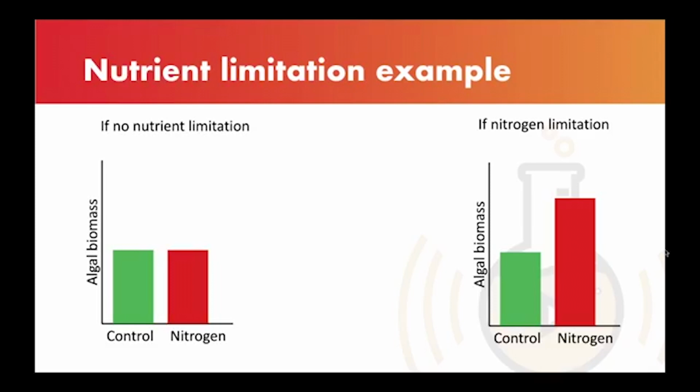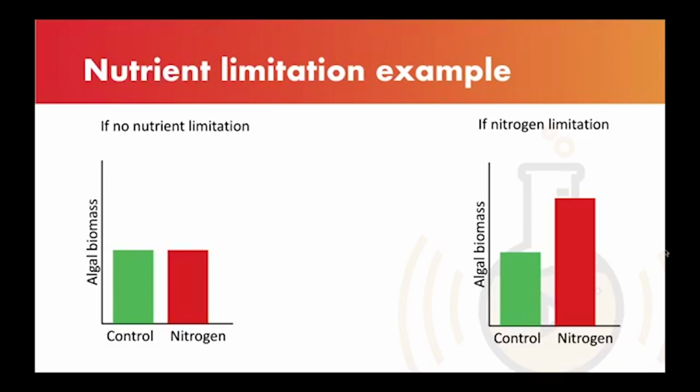However, if we do have nitrogen limitation, for example, when compared to the algae on the control disk, we expect there to be a lot more algae on the nitrogen disk relative to the control. So hopefully that can clear up things a little bit more about how I'm doing this. It's all relative to a control when we're looking at nutrient limitation status.